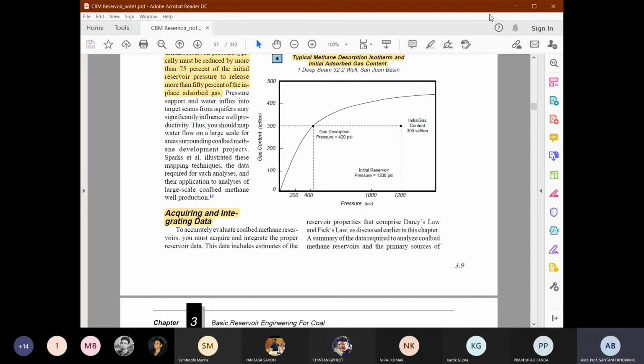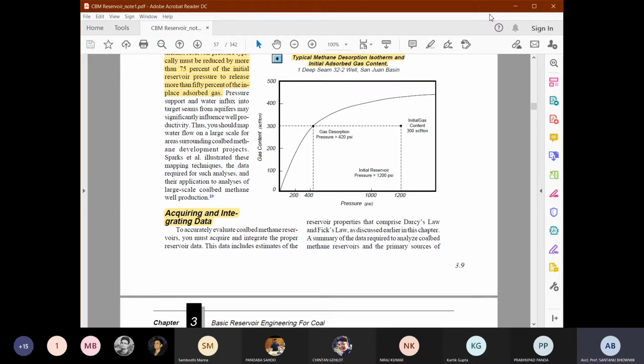Because there are other factors which will be coming, but if you are unable to understand this isothermal graph, whether it is adsorption or desorption, and your basic consideration is not clear, then it will be very troublesome for you to understand the other detailed information.